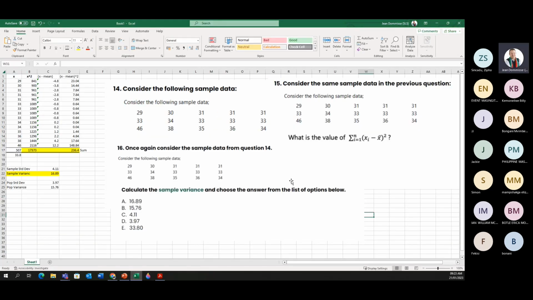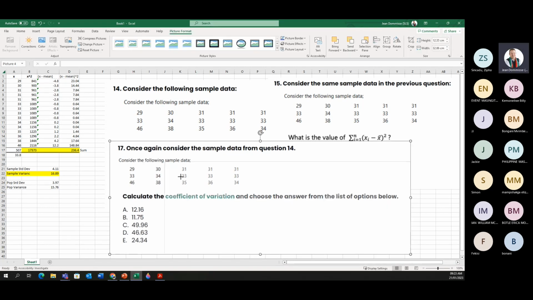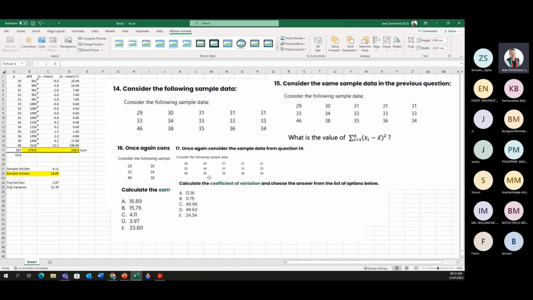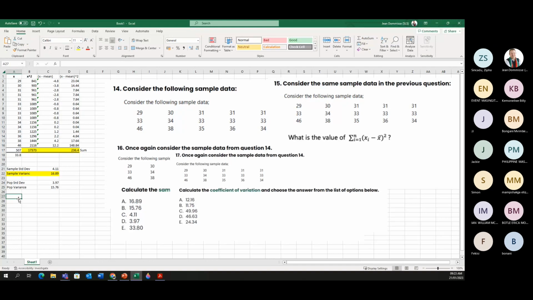When I send this to you, it will look a bit cleaner, so that you can see all of it. So same set. Let's do coefficient of variation. We have a formula for that. Can anybody remember what the formula is for that?